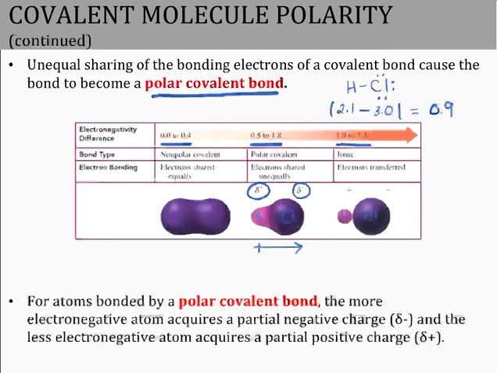So I'll put delta En, which is the change in electronegativity, or the difference, is equal to 2. So that means that lithium chloride would be ionic. But also, we have a metal and a nonmetal, so we can also say it's ionic just based off of that fact.